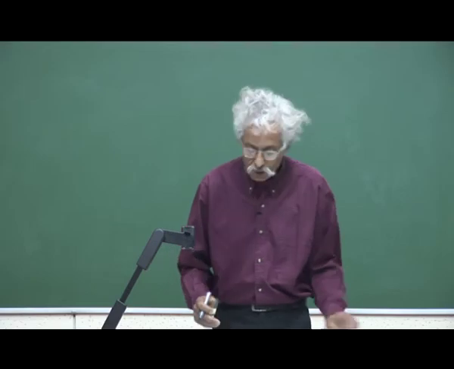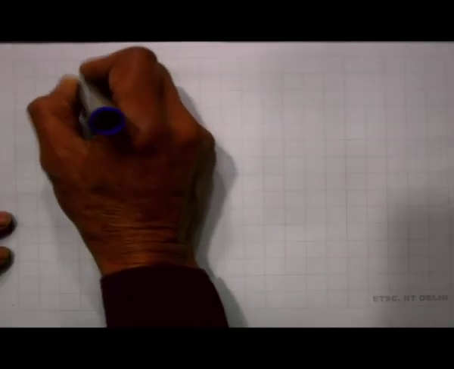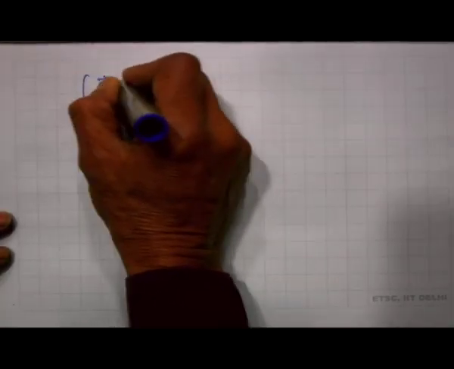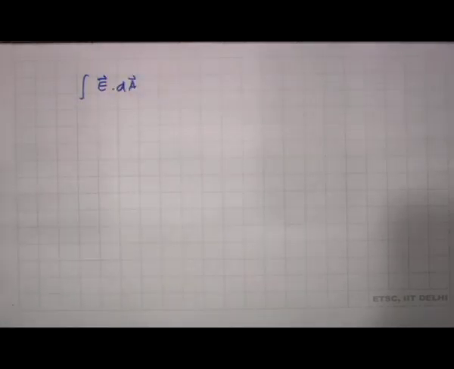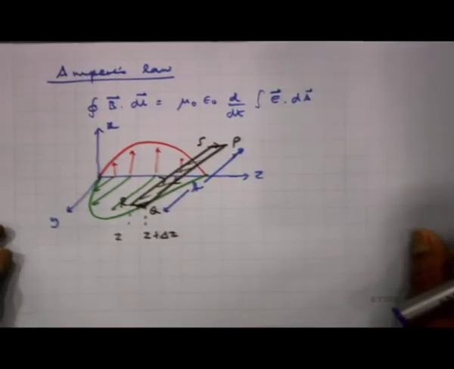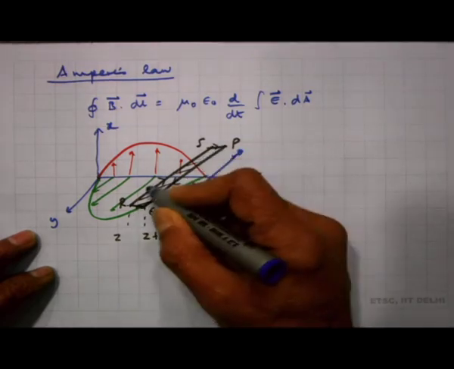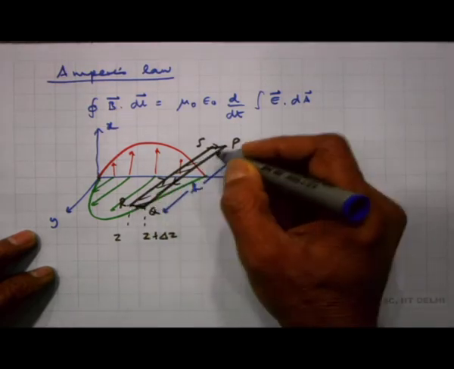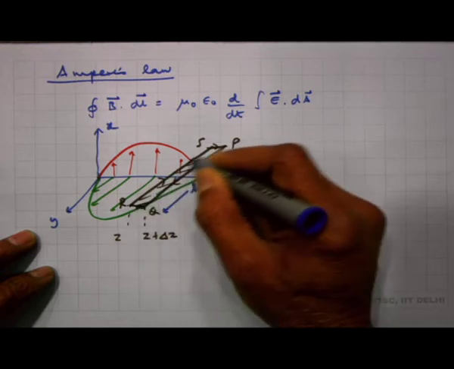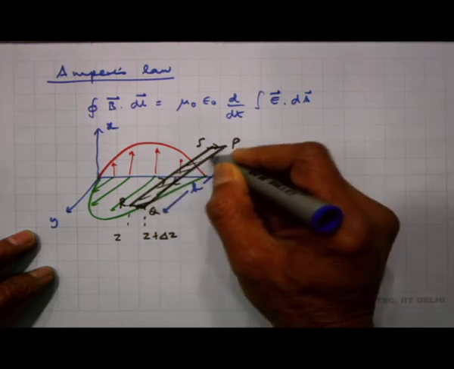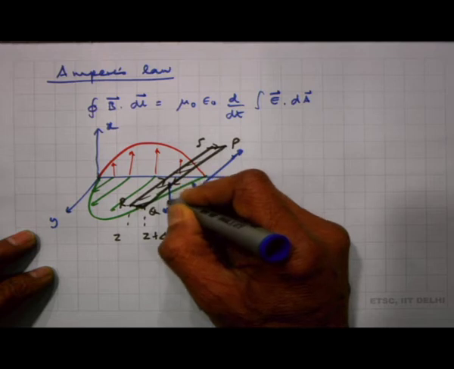Now, I must calculate the right hand side, which depends on the electric flux, E dot dA. So, here this is the area enclosed by the loop, and remember now the integration is in this direction P Q R S. So, the area must be pointing down.